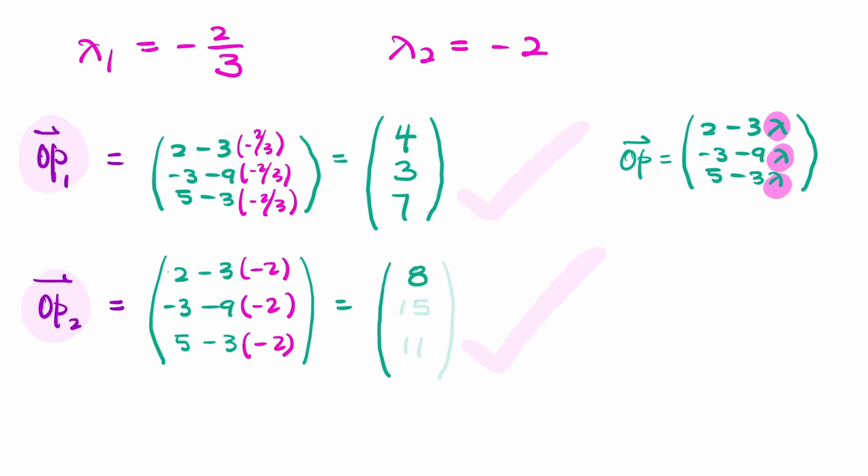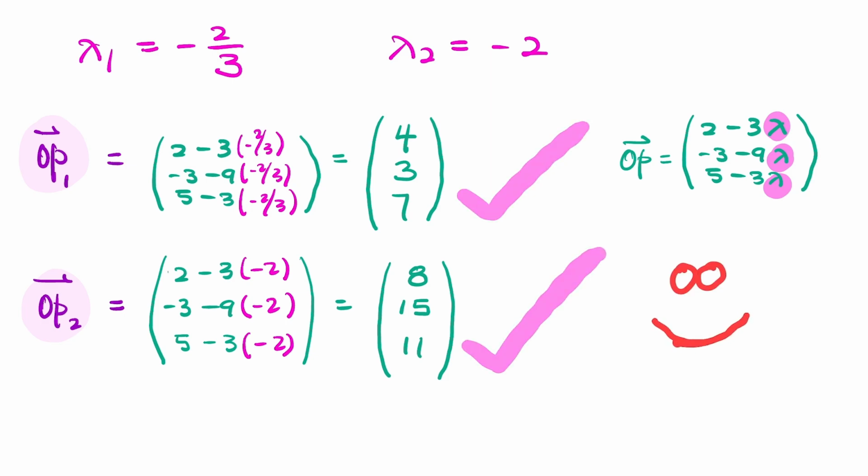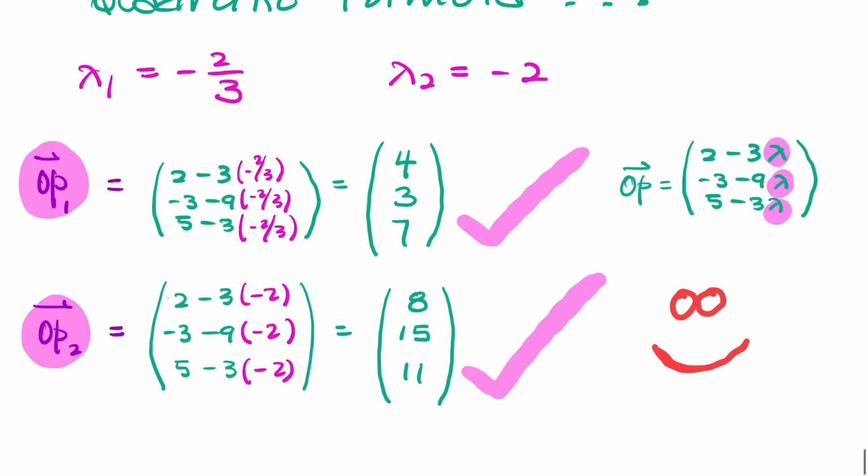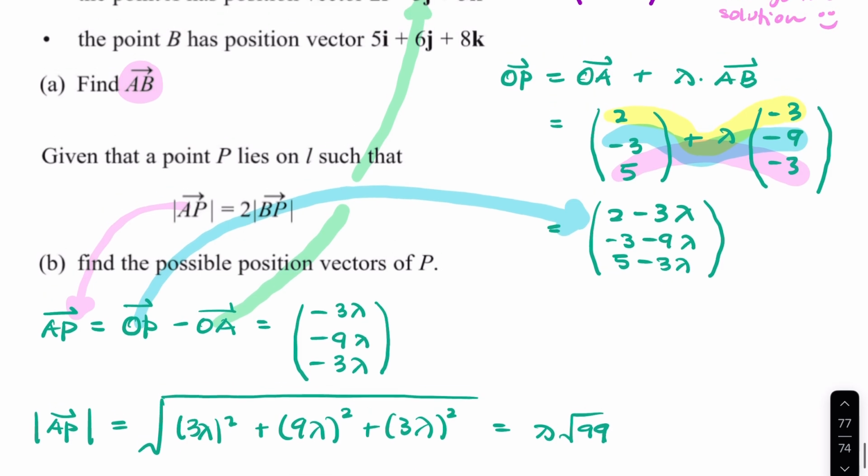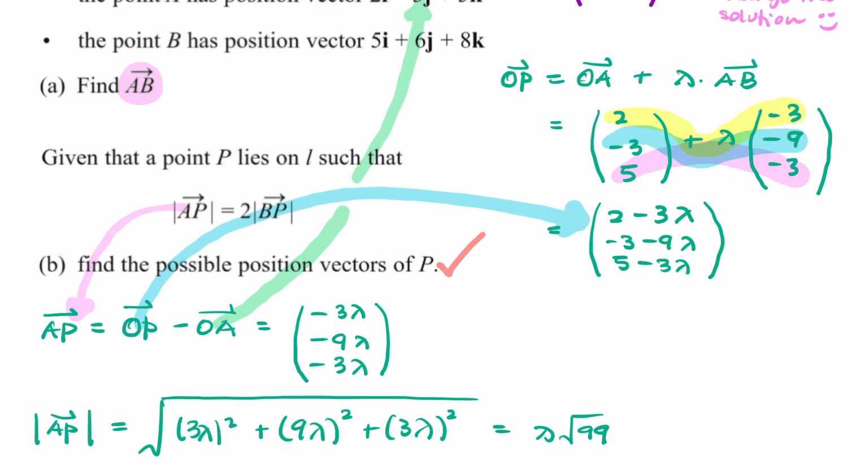Negative 3 plus 18 is 15. And 5 plus 6 is 11. So, unless I've made a mistake anywhere, these are our two position vectors for P, so OP1 and OP2, that satisfy this condition that we're given in the question.